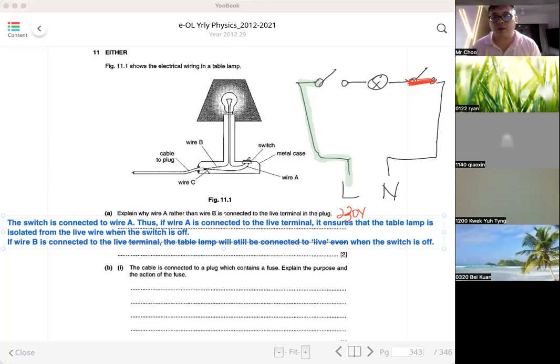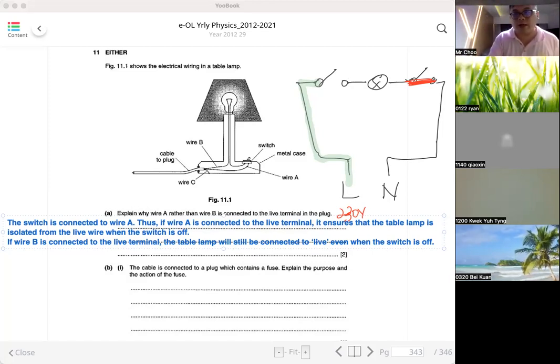Same thing for Hao Ray, you also mentioned that there will still be current flowing through. That is incorrect. When the switch is open, there will be no current flowing through. Why do I put the switch in the live wire? It's so that your table lamp will not be live. Is that clear? That is the main thing I want you to learn today.